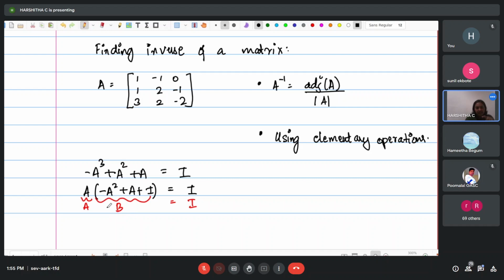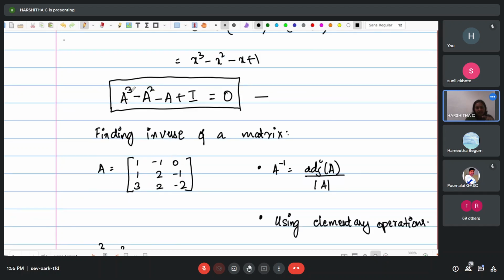So this B is nothing but... Ma'am, please repeat these last two steps. Okay, just a second. We had this characteristic polynomial and we know that A satisfies the characteristic polynomial, right? Yes, ma'am. You know that A satisfies this equation.